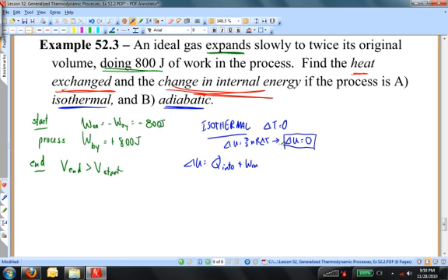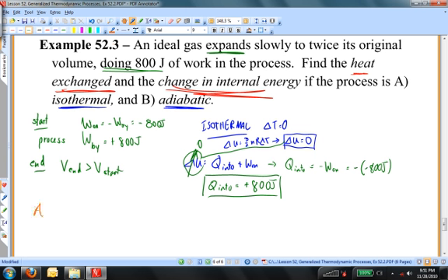Well, since I know that the internal energy change was 0, then what that means is the amount of heat that flows into the gas is going to be equal to the negative of the work that's done on the gas, which is negative of negative 800 joules. So the amount of heat that flows into the gas in this isothermal process is plus 800 joules. Now let's look at the adiabatic process.